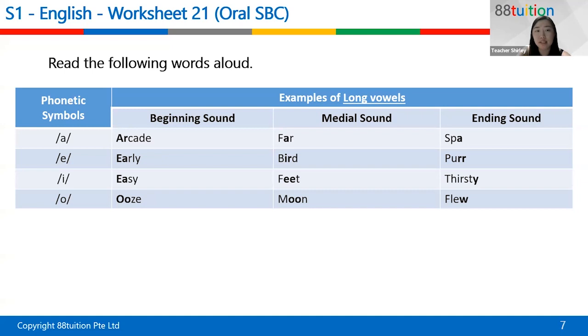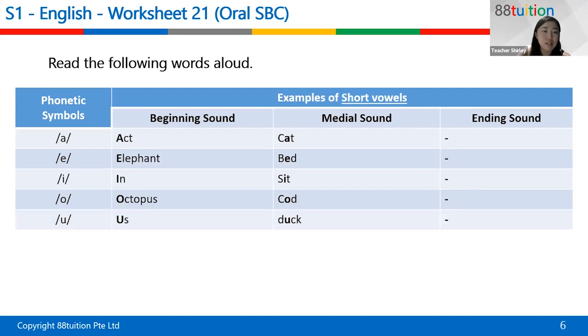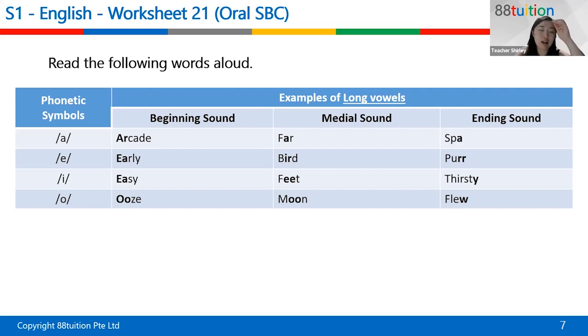But this one is long because it's arcade, far, instead of it's R. So arcade, far, spa. So it's a long vowel. And then this one, early. Just now E was short, but in this case it's early, bird, purr.